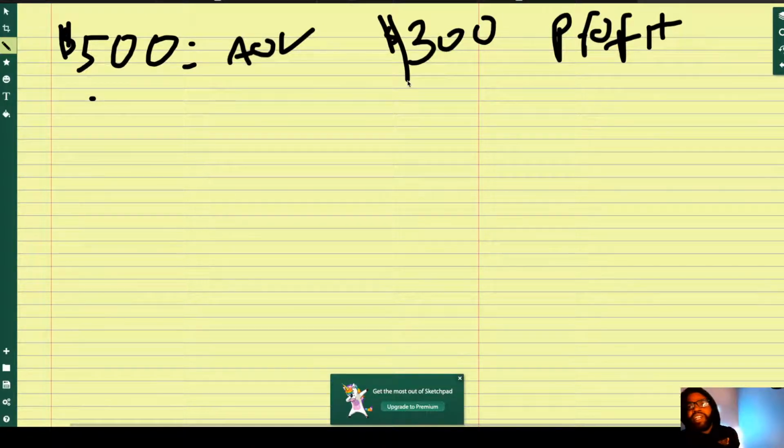So average order value is 500. The profit is 300. They're working with 60% profit margin. So the $300 is basically the money you have to work with for your ad spend, or your budget for your ads. Press 1 in the chat if this is making sense so far.